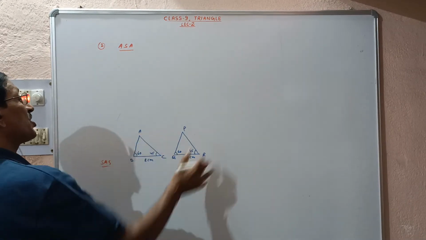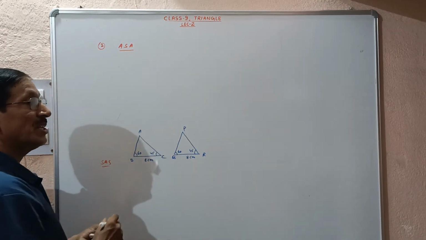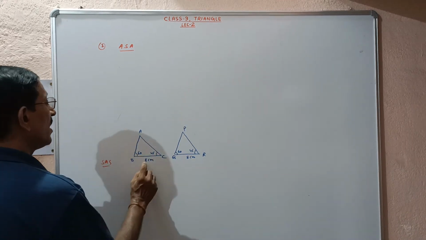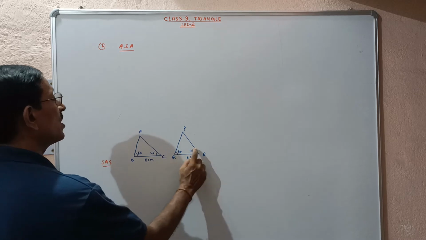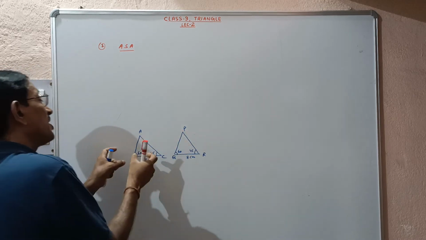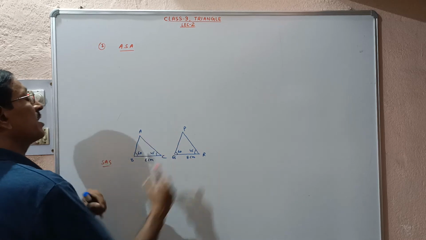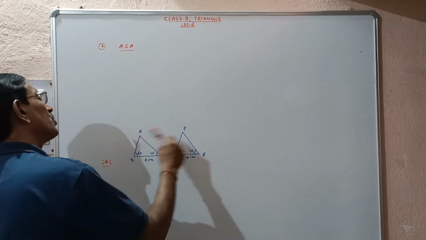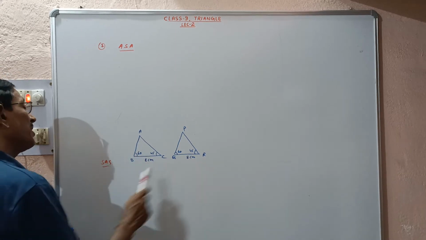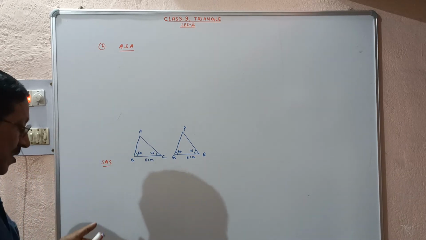If we draw many triangles in which two angles and the included side are equal to two angles and the included side in another triangle, then if they are placed on each other, they cover exactly. That means these two triangles are congruent.